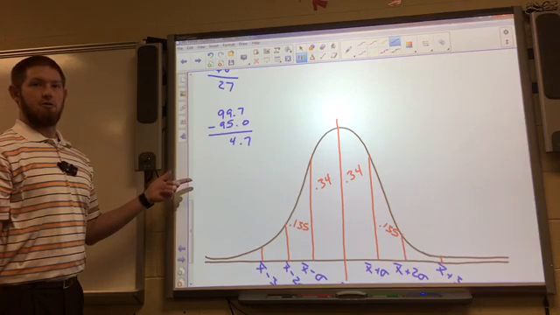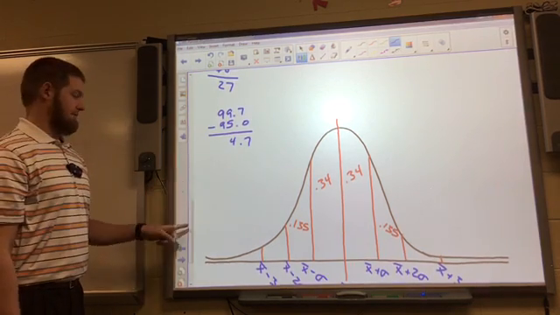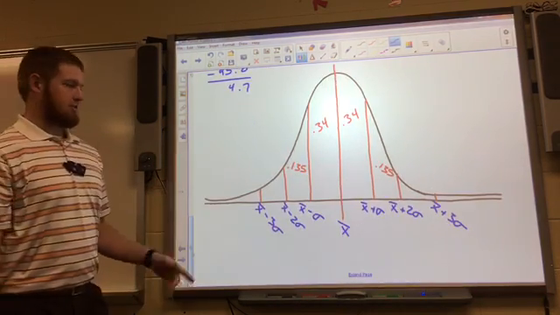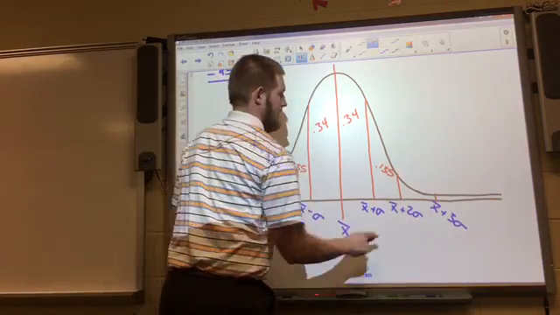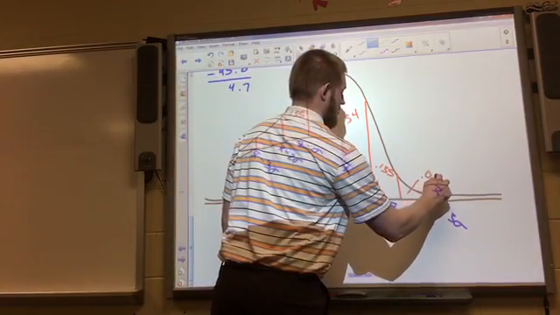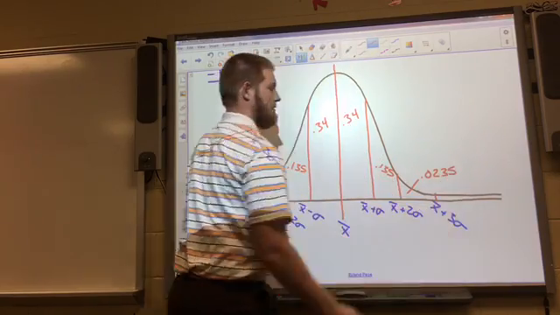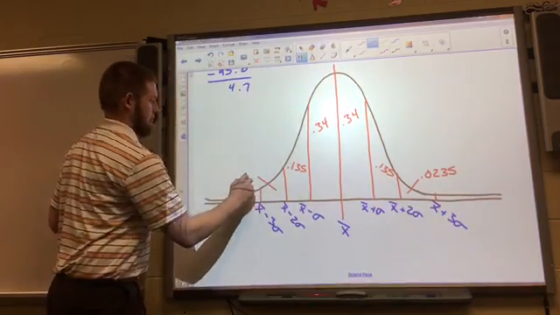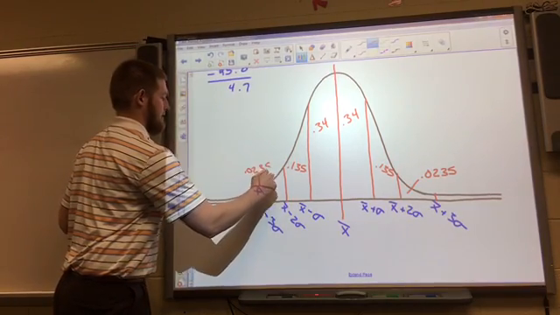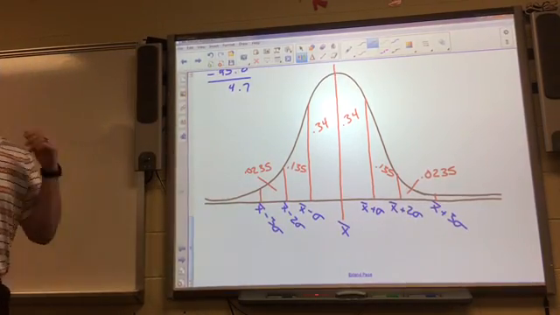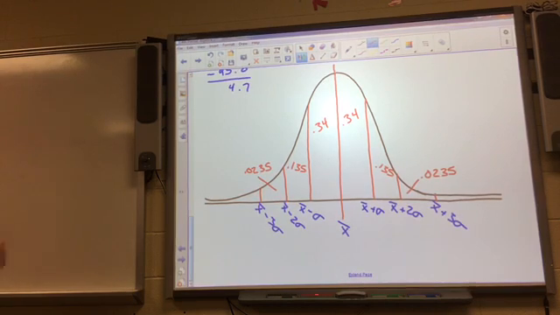Divided by 2 is 2.35. Move my decimal, and this is 0.0235, and this is 0.0235. So it's only 2.35% of the entire area, correct?